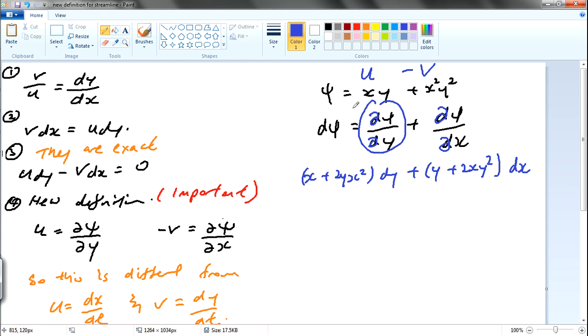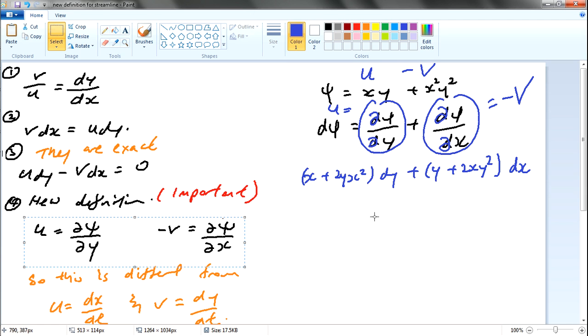So this one is equal to u, and this one in another sense is equal to minus v from this definition. You may feel a little bit weird, but you just accept it. It's quite natural. It comes like this. And then if you want to describe this equation using these definitions, this is how I describe it.